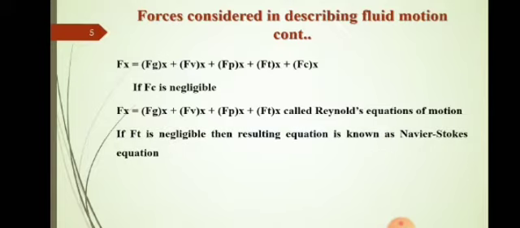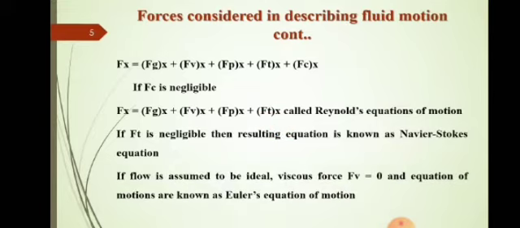Now, if Ft is negligible, then the resulting equation is known as Navier-Stokes equation. So this is the basic equation. From this, if Fcx, that is the compressibility force, is ignored or neglected, then the equation is called Reynolds equation of motion. And from this Reynolds equation of motion, if the force due to turbulence is neglected, then the resulting equation is known as Navier-Stokes equation, which will be Fx is equal to Fgx plus Fvx plus Fpx only.